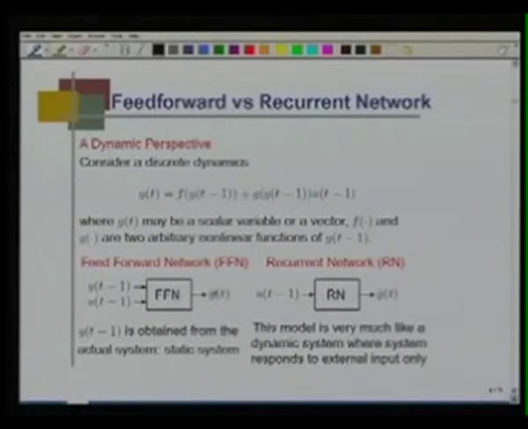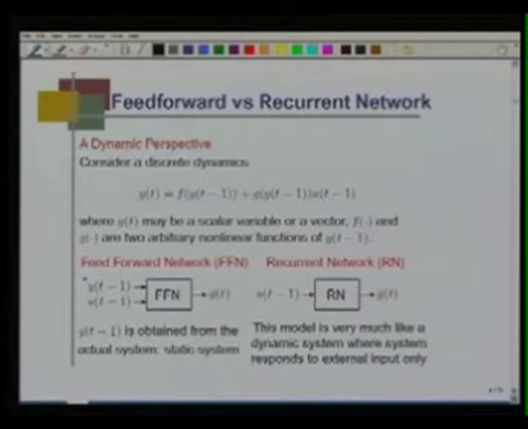In a feed forward network, if I model this dynamic, how do I do it? So I have a feed forward network. This feed forward network can be a backpropagation network, a radial basis function network, and the output is computed while inputs are the previous output of the system, the actual output of the system, and the input to the system, that is u(t minus 1).